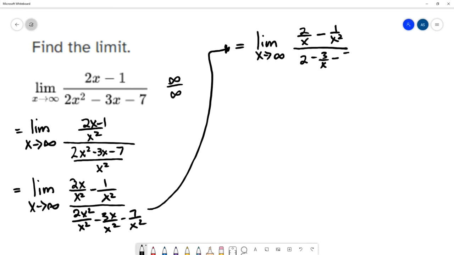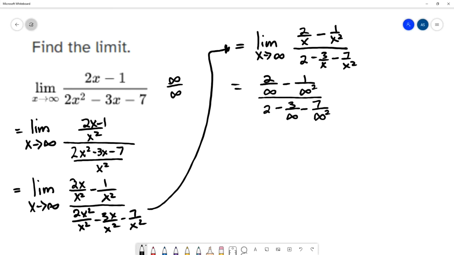And 7 over x squared is going to stay the same. So now when we use direct substitution, we get 2 over infinity minus 1 over infinity squared, over 2 minus 3 over infinity minus 7 over infinity squared.